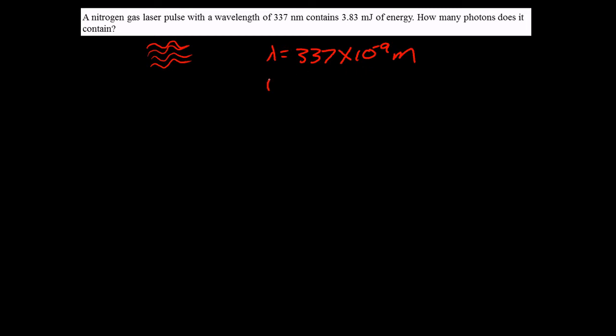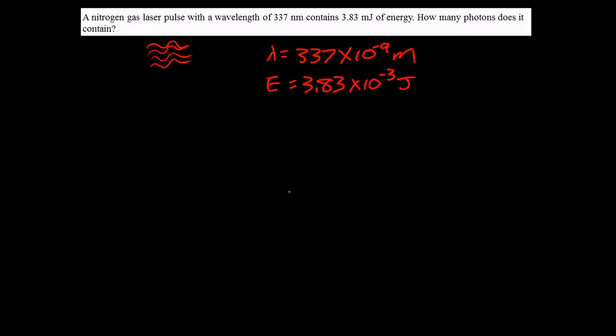And it has an energy of 3.83 millijoules, which I'm going to replace with times 10 to the negative 3 joules, because times 10 to the negative 3 is equivalent to milli. That is the 1,000th of a joule. So this is the information we're given. We're asked to find how many photons are in that pulse of the laser light.